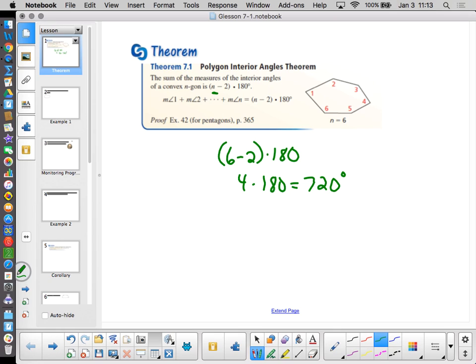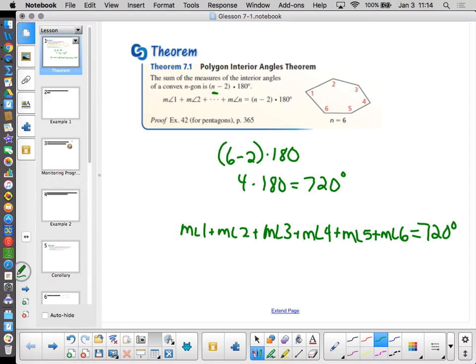So I know if I add up my angles, measure of angle 1 plus measure of angle 2 plus all of them, I can write this out. Equals 720 degrees.